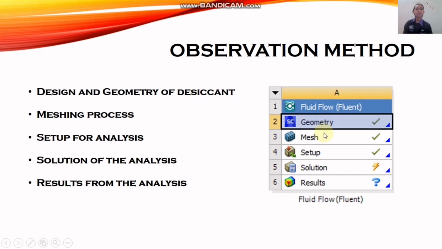And then we proceed to the meshing process. We need to mesh the volume to ensure it is properly set up for analysis. And then we go to setup for analysis. Then the solution of the analysis will be determined. So the porosity, the inlet, the velocity, and the pressure are all determined in the solution. And lastly, the results come out in the sixth step.